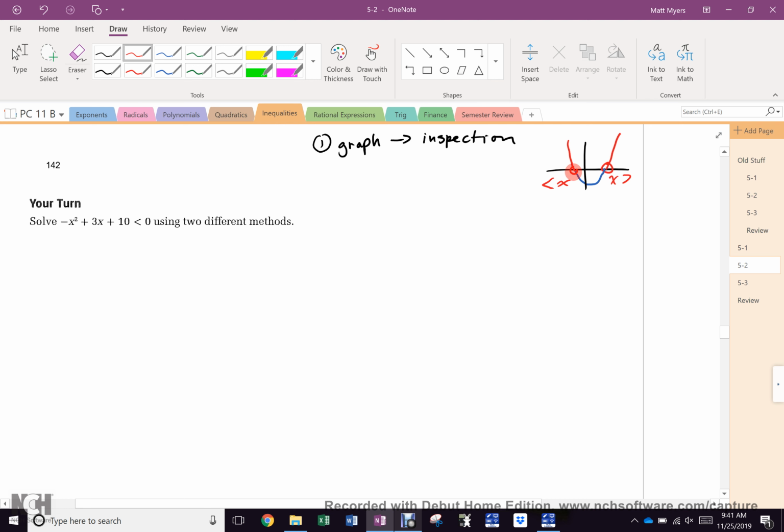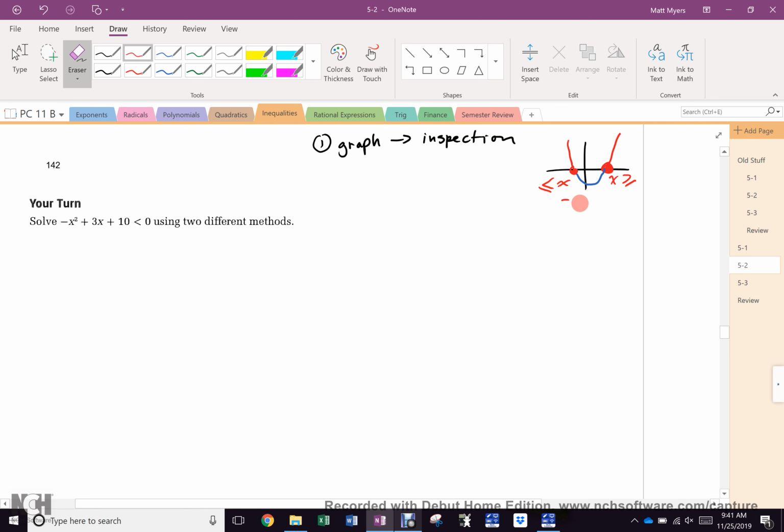What if I did this? Now what would that sign be? There would be an equal to with it. Yeah? Where is that less than 0? The blue. Right now they're colored in, so it would be negative x.